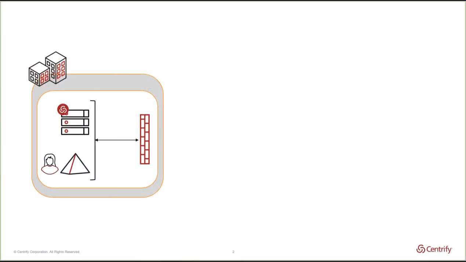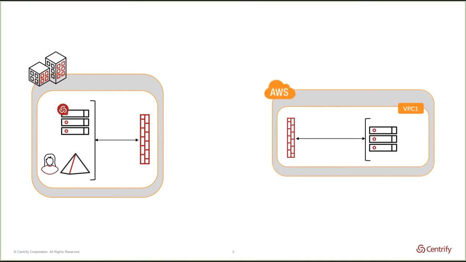Picture a company starting a small proof of concept by standing up a few Windows and Linux VMs in AWS. Developers work on these systems directly, as does the operations team and the sysadmins. They all use local accounts to log in since that's quick and easy for a POC. Fast forward, the proof of concept is a success, and now this environment needs to be secured and scaled for production quickly.